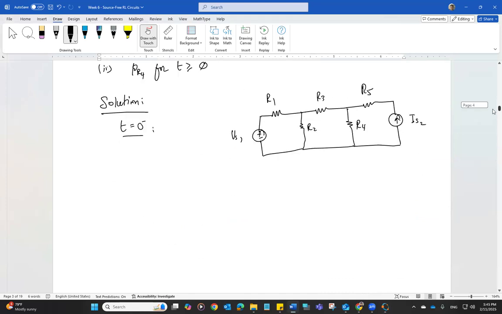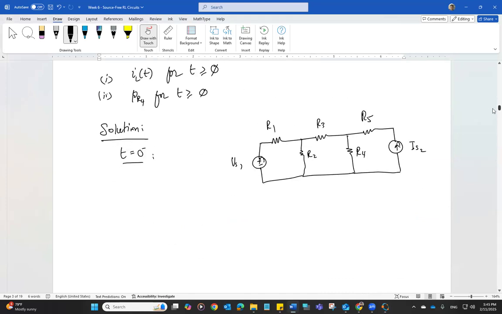Now looking at the circuit, we are trying to figure out this current, I naught, which is the inductor current. To find I naught, there are multiple things we can do. Of course, we know that in this third loop, IS2 is the current that is flowing. So if you want, you can apply KVL.